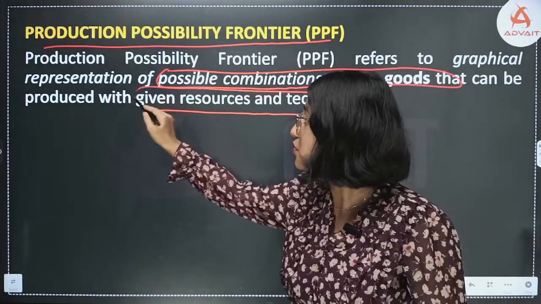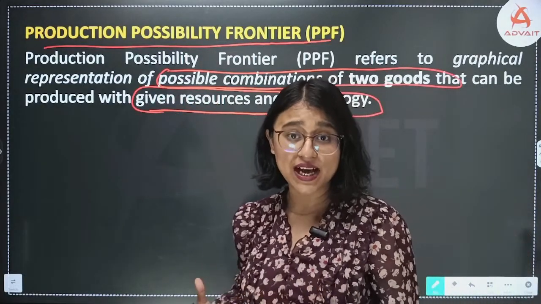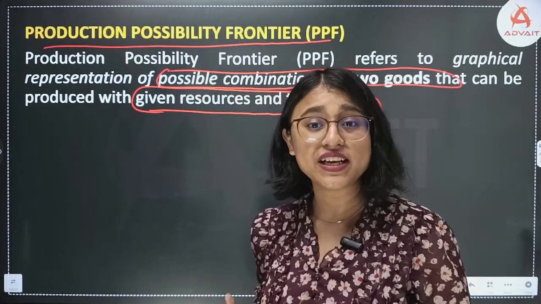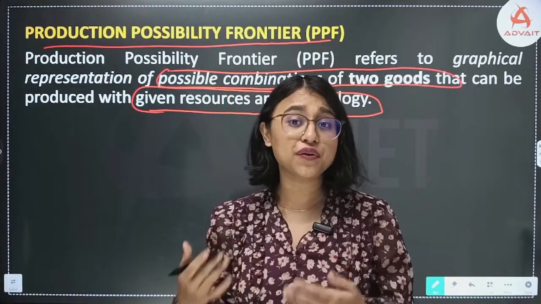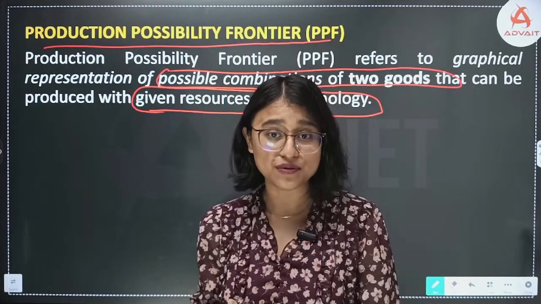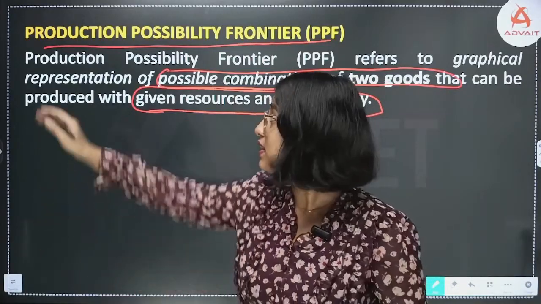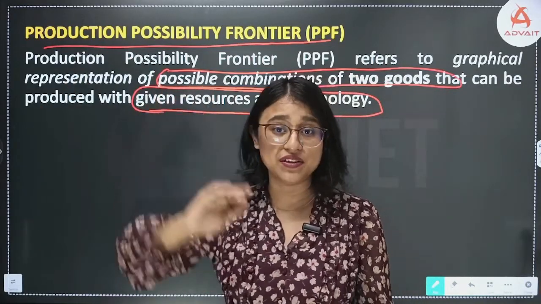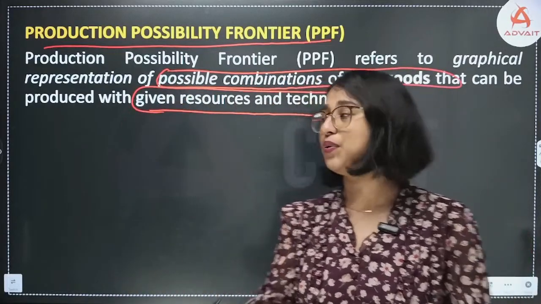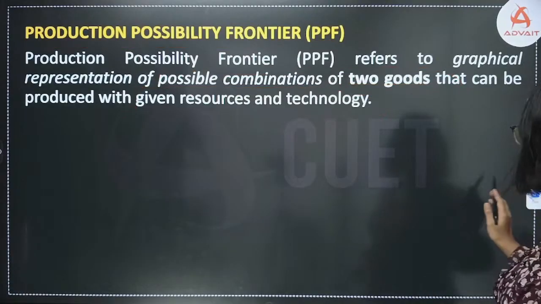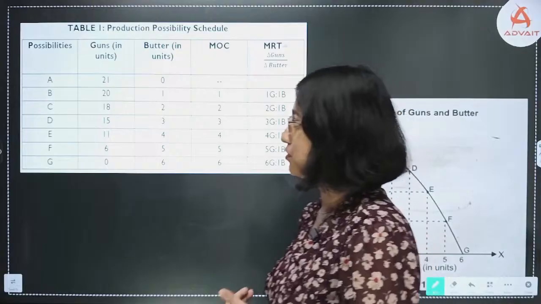Remember that if resources and technology are given to us, the various combinations of two goods that we can produce, if we represent that graphically, is nothing but the production possibility curve or production possibility frontier. Clear? Okay.